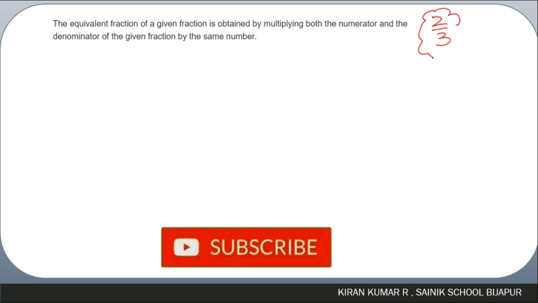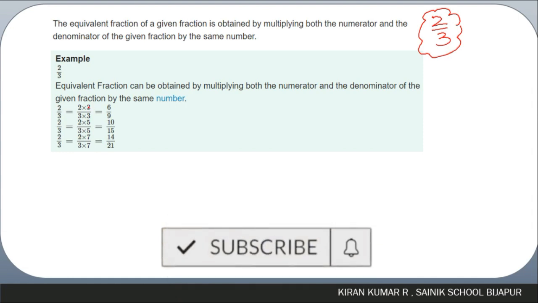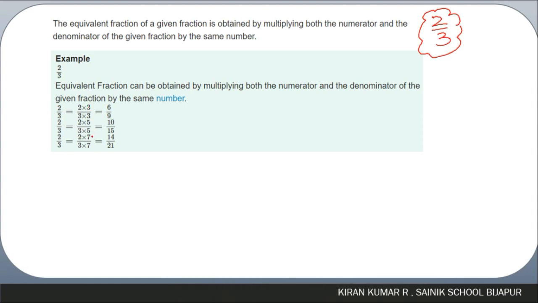Suppose I have 2 by 3, I can get an equivalent fraction of 2 by 3 just by multiplying 3 to both numerator and denominator, 5 to both numerator and denominator, 7 to both numerator and denominator. In general, some number is multiplied to both the numerator and the denominator, we get an equivalent fraction.